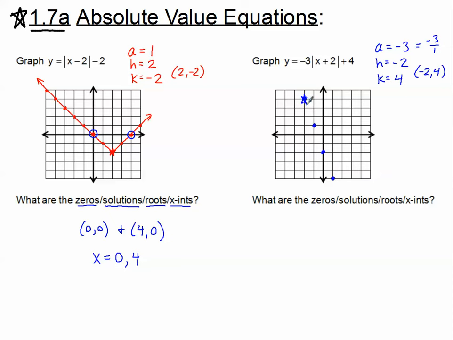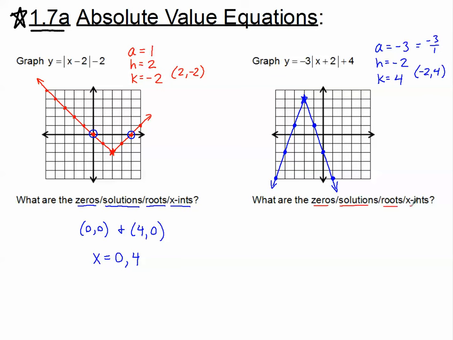And I've got the right side of my absolute value, V. And I just need to remember that it's going to be the mirror image on the left side. So I'm going to be going down 3 again, but this time left 1, down 3 and left 1, down 3 and left 1, and I'll get the other points to make my V. So my question again, what are the zeros? What are the solutions?